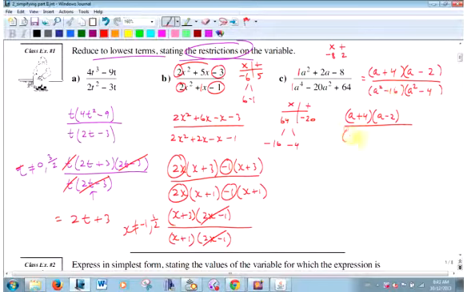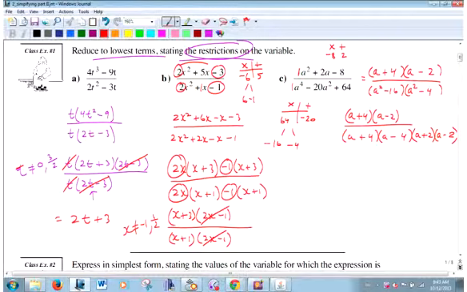I'm just thinking out loud here. A times a is a squared, and 4 times 4 is 16 plus minus. That's the first one. And a squared minus 4, that's also a difference of squares. A plus 2, a minus 2.